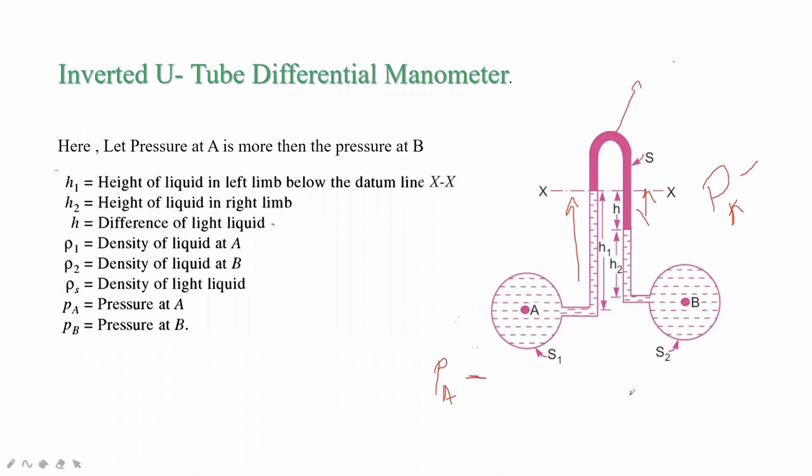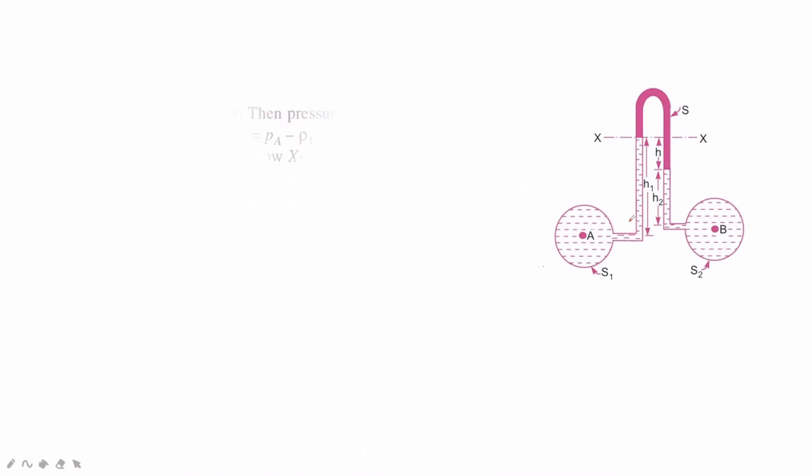In the right limb, what happens? PB minus, first this one will come because this liquid is lighter, rho 2 G H2 minus rho S G H. So this will be the term.